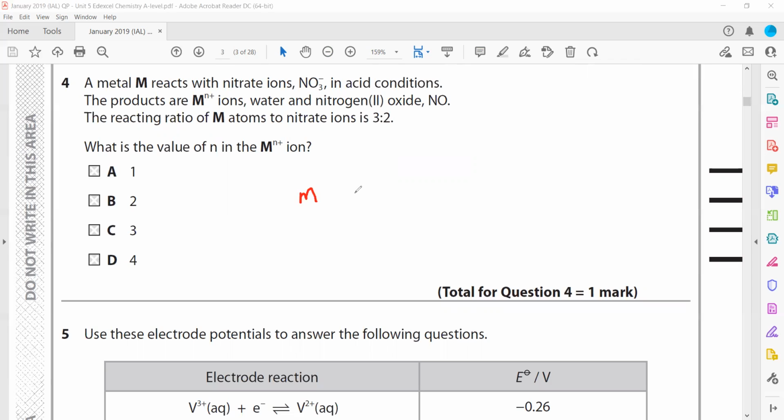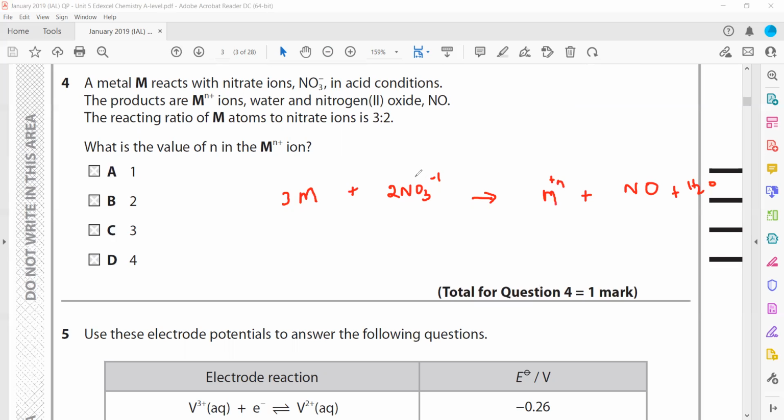There is a metal M which reacts with a nitrate ion, and the ratio of metal atom to nitrate ion is 3:2. It produces the metal ion, plus nitrogen monoxide, NO, and water, H2O.